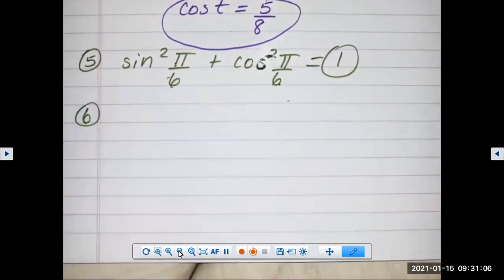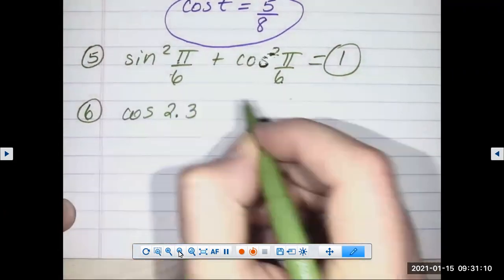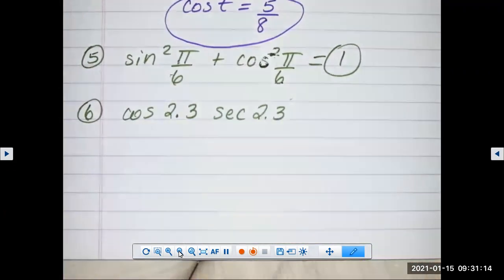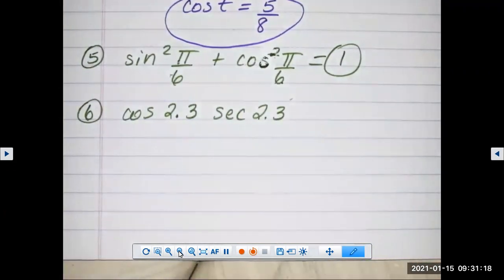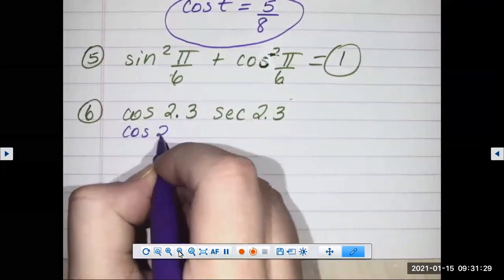Another one that you'll see is like cosine of 2.3 times the secant of 2.3. Cosine and secant are what? They are what to each other? Yeah, they're inverses.